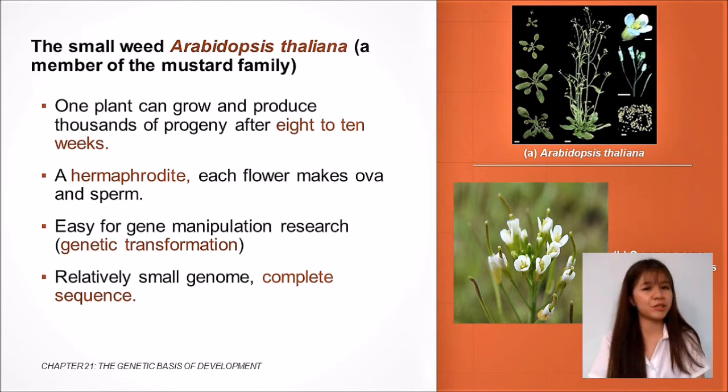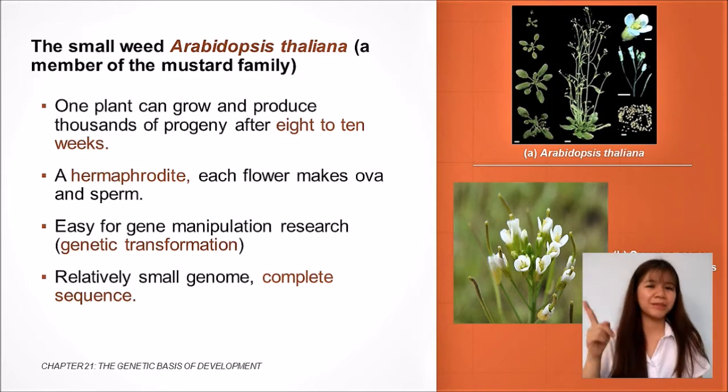For gene manipulation research, scientists induce cultured cells to take up foreign DNA. This is called genetic transformation. Its relatively small genome, which consists of 100 million nucleotide pairs, has already been sequenced. So the developmental principles we have learned will be presented throughout this chapter. So stay tuned.